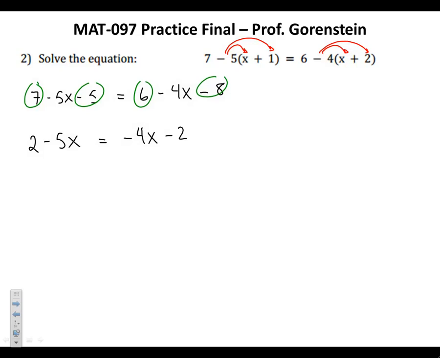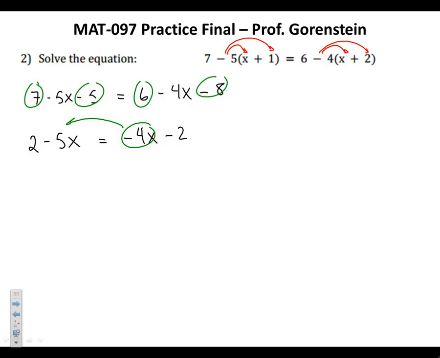When we're solving these linear algebraic equations, we want our numbers on one side, our variables on the other. So the way we move terms around in these equations is perform the opposite operation. If we want to move this -4x to the left-hand side, well, the opposite of a -4x is a +4x.